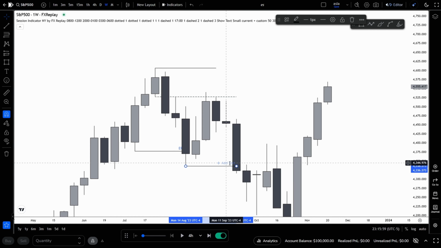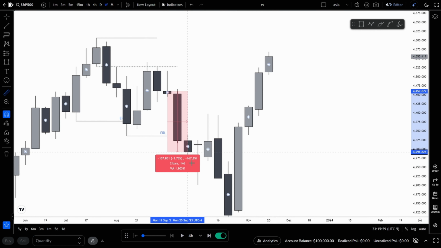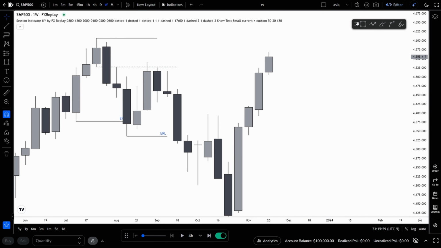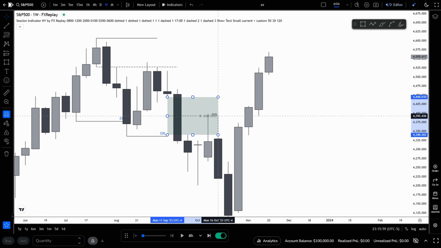At this point, we do not yet have internal liquidity because there is no fair value gap formed from this leg up. So we wait. On the next candle, we now have internal liquidity in the form of a fair value gap. That gives us a new internal target if price retraces.